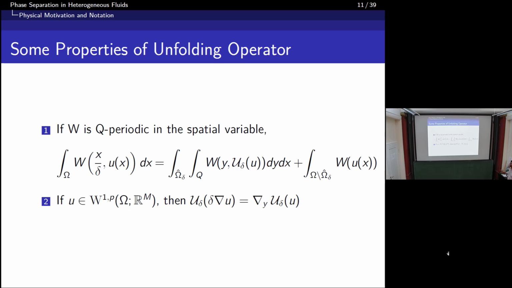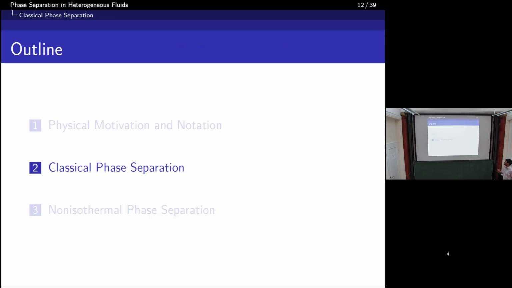And if you're using W^{1,p}, then it's also differentiable and Sobolev, where your Sobolev is now in the y variable. So these are some nice properties that you can use to simplify homogenization equations to try to do normal relaxation type results.